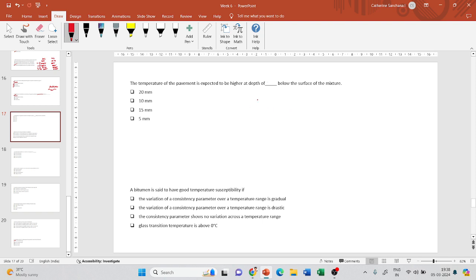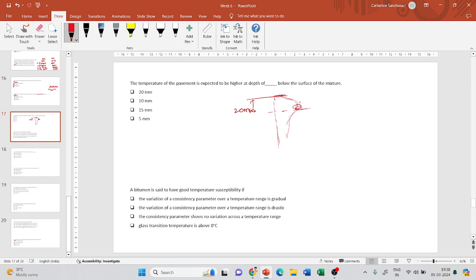The high temperature is measured at a depth of 20 mm from the surface, because they made a plot of temperature versus depth, and they saw that compared to the top surface, the temperature was maximum at a depth of 20 mm, and then it decreased. So they use this.